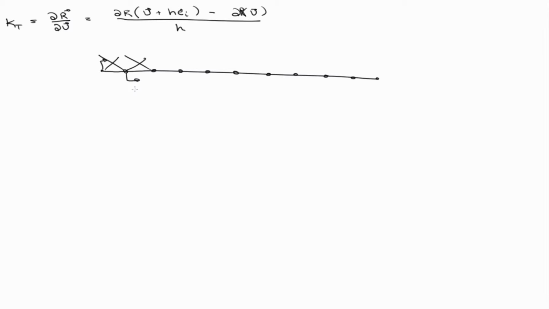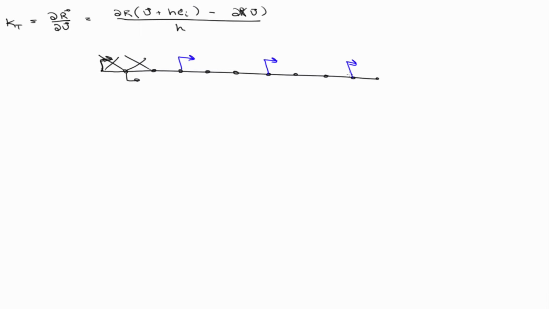Right? And we know this when we look at the matrix in a 1D system. It's tridiagonal, right? So every column just has zeros, and then one above the diagonal, one below the diagonal, right? That are non-zero. So if I'm smart, I could say perturb this node and this node and this node and this node all at the same time.